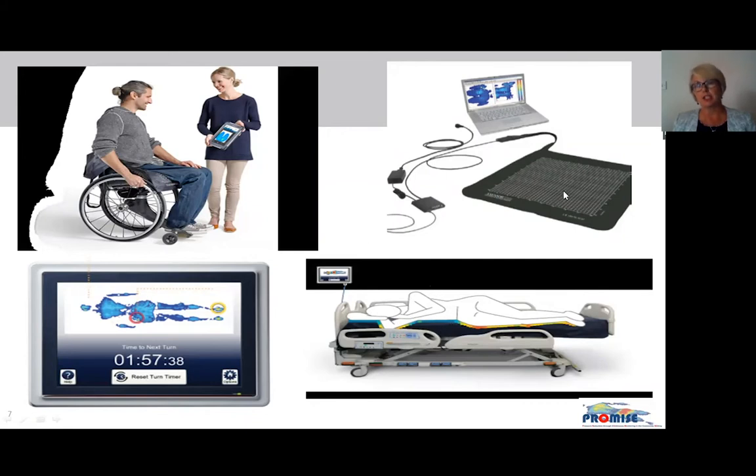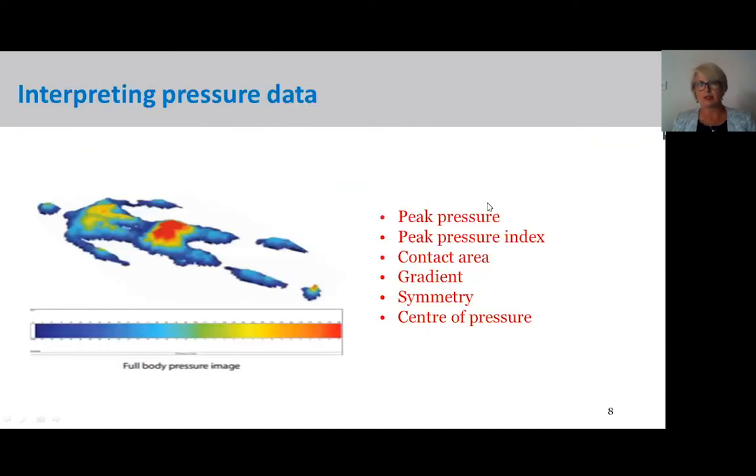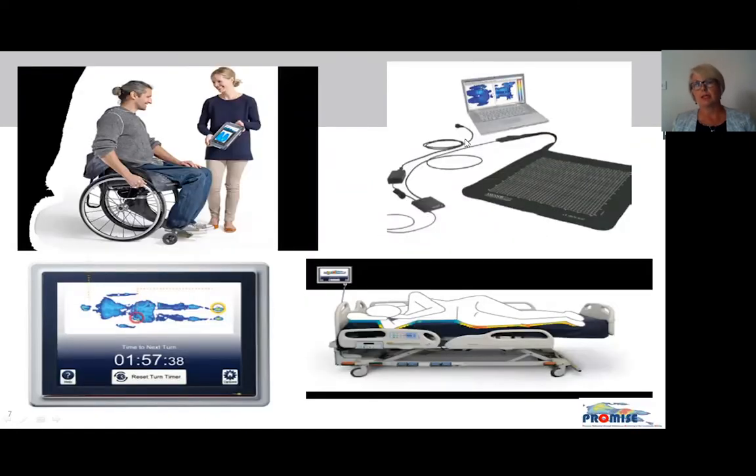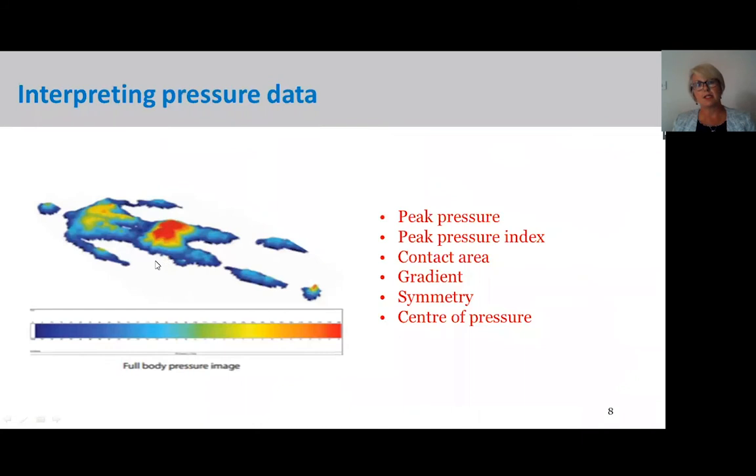And then for the chair, we've moved to the SS monitor, which we can see on an iPad type monitor, which we can then demonstrate to the patient. And this is the type of image that a patient will see, particularly if they've got high levels of pressure.